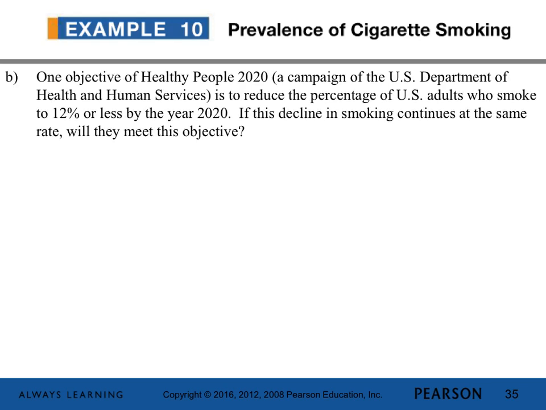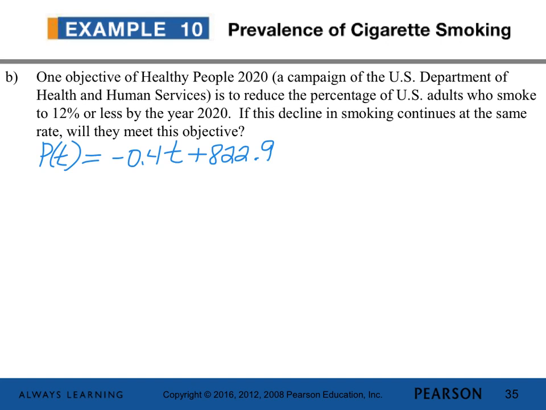Well, remembering that the percentage in year T is negative 0.4 times the year plus 822.9, the percentage in year 2020, they want it to be 12% or less.